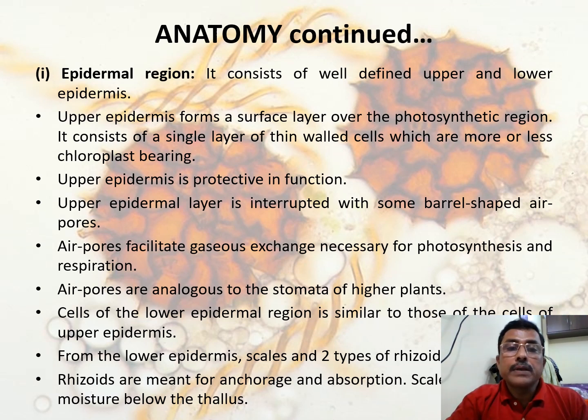I've already told you that anatomically there is much tissue differentiation in the thallus. The tissues are differentiated into 3 regions: the epidermal region, the photosynthetic region, and the storage region. We are going to discuss each region one by one.